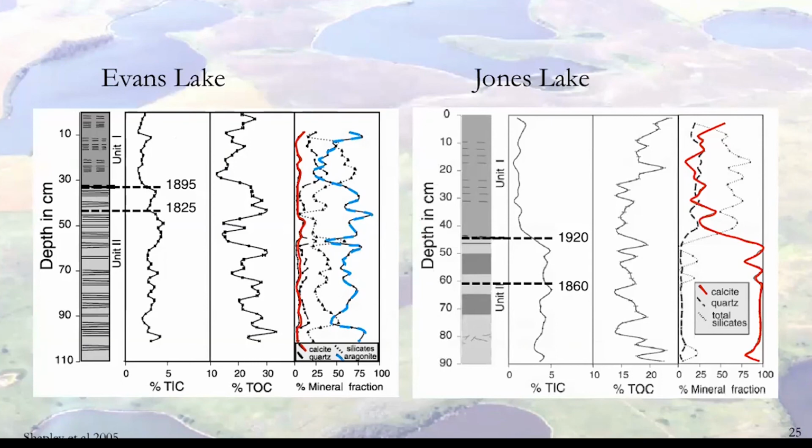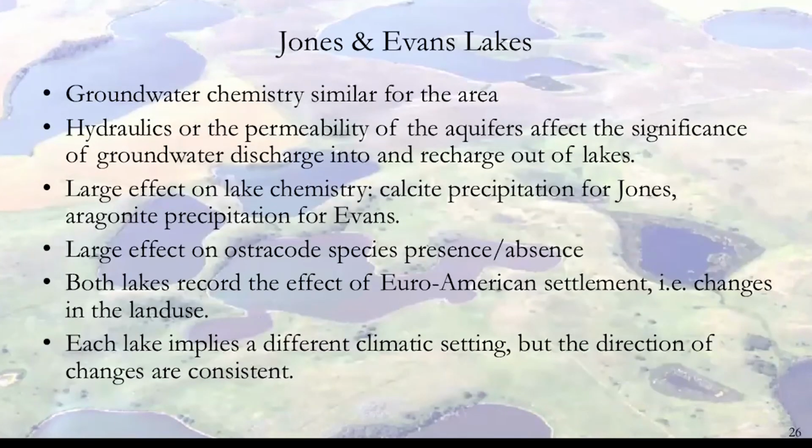So the timing and effect of human settlement are recorded in both, but Evans Lake makes you think it's in an arid environment, and Jones Lake makes you think it's in a humid environment. Okay, so hydraulics of the aquifers really affect how lakes behave and what kind of sediment is formed.